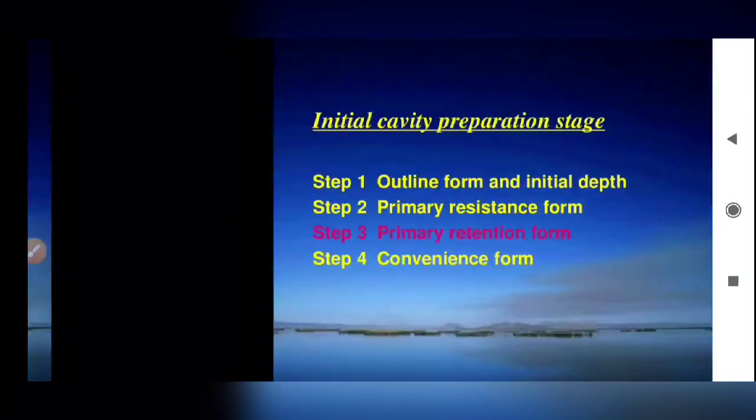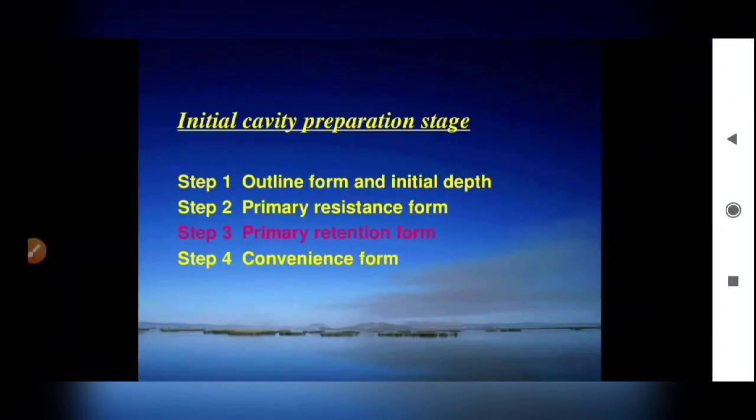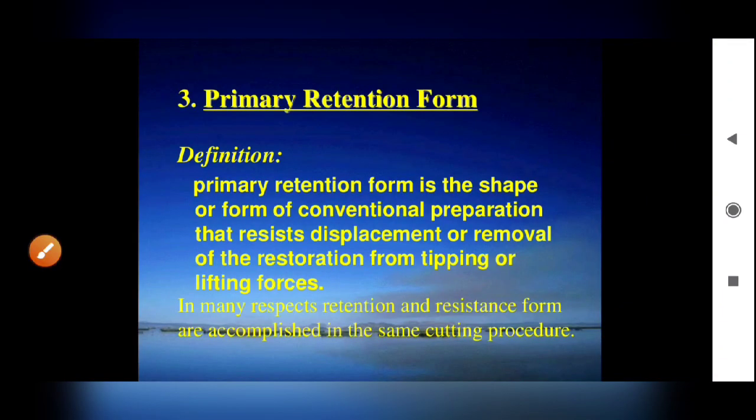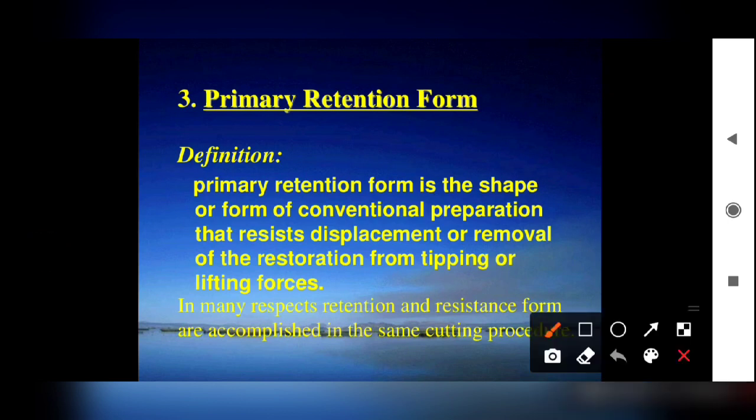And what are the features of primary retention form? The primary retention form is the shape or form of the conventional preparation. Retention means it resists the displacement or removal of the restoration from tipping or lifting forces.